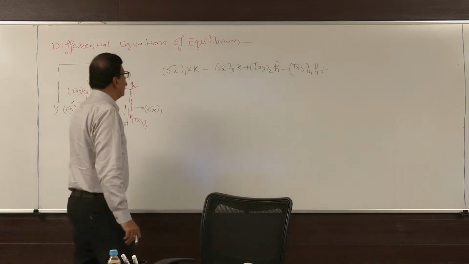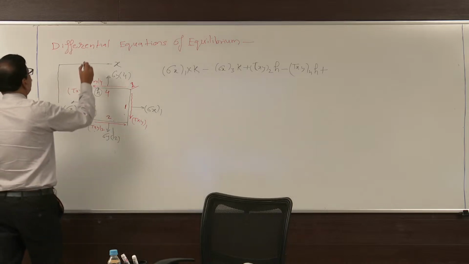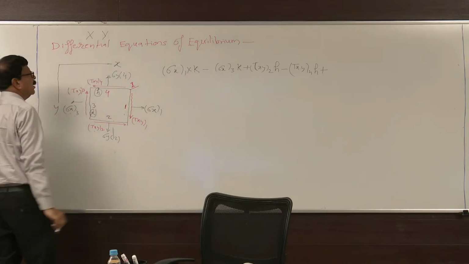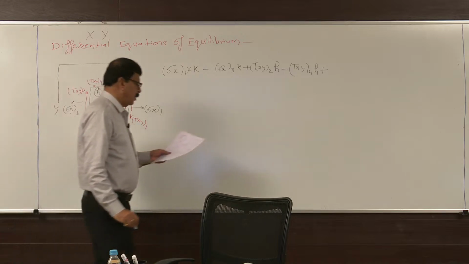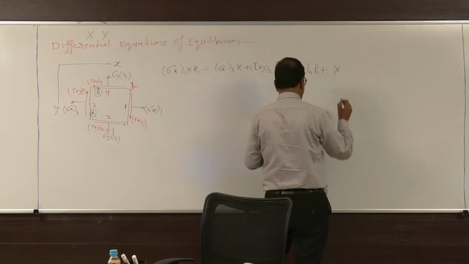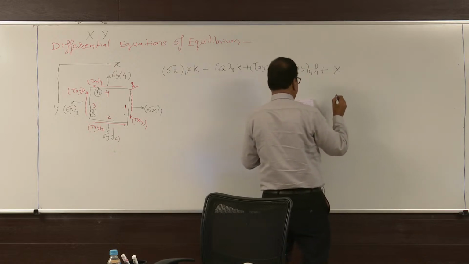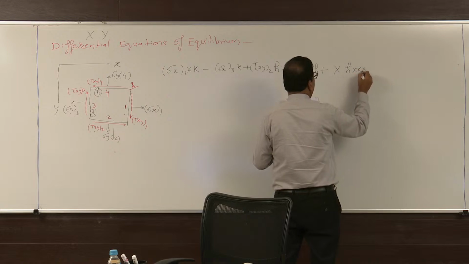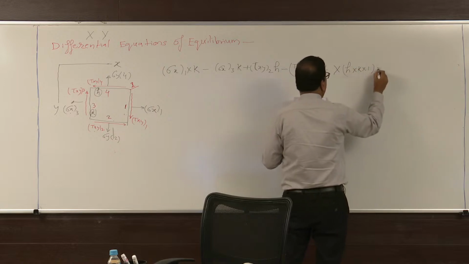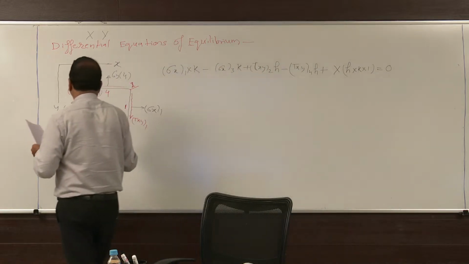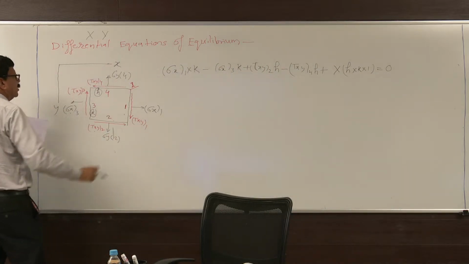Now I just told you the external force components are X and Y. So in the x direction, X multiplied by the volume, h into k into 1, is equal to 0. This is the equation of equilibrium in the x direction.